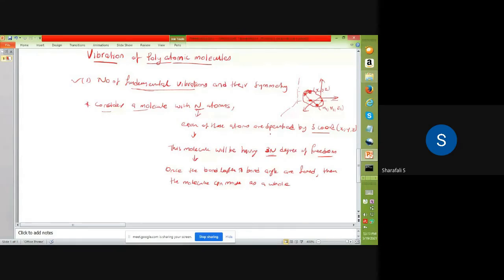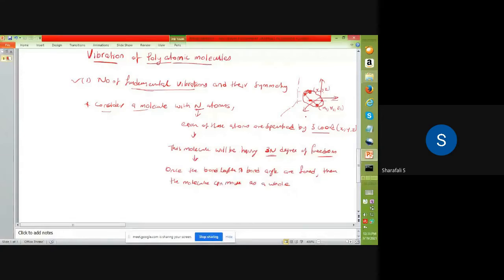Once the bond lengths and bond angles are fixed, the atoms themselves cannot move within the molecule. In that case, only the translational motion of the molecule is possible.